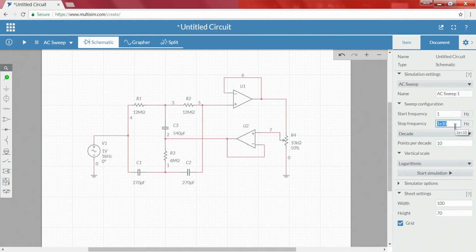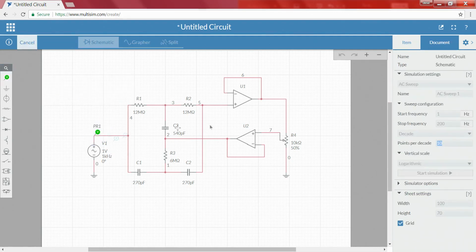So, we will go up to somewhere around 200 hertz, 10 points per decade, then logarithmic scale, then start simulation. But in order to visualize, we have to put our voltage points: green indicates our input voltage and blue represents our output voltage.